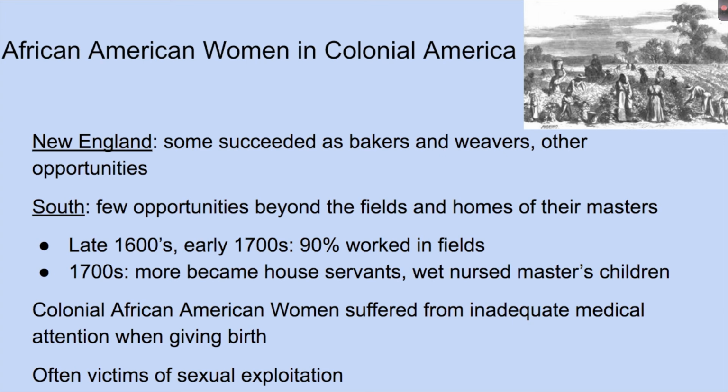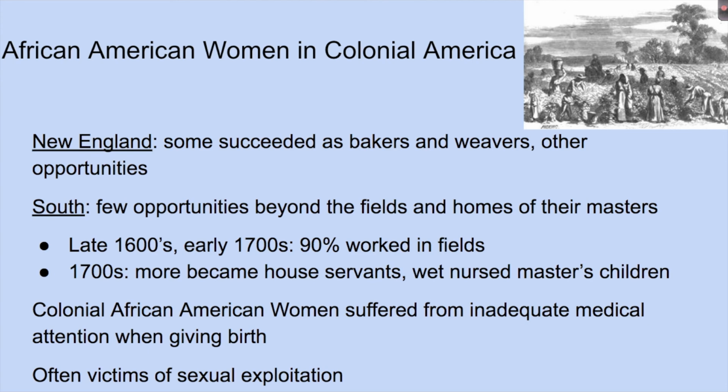And African American women in this time didn't have much medical care. So if an African American woman was pregnant, there wasn't much in terms of prenatal care, and you were expected to work in the fields up until the birth. You weren't really given much time to rest.